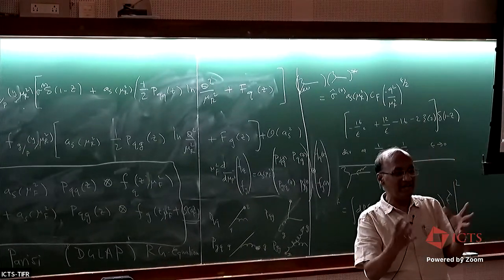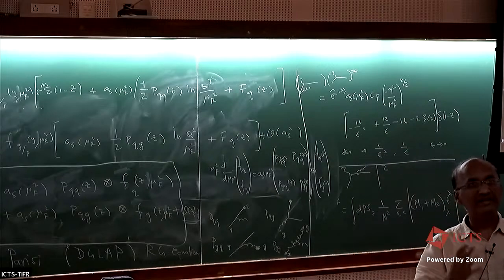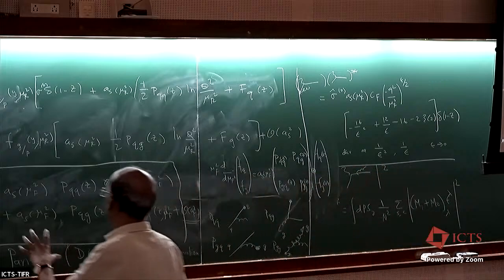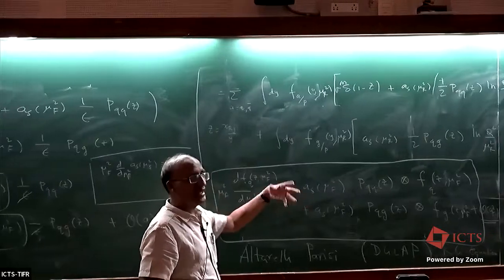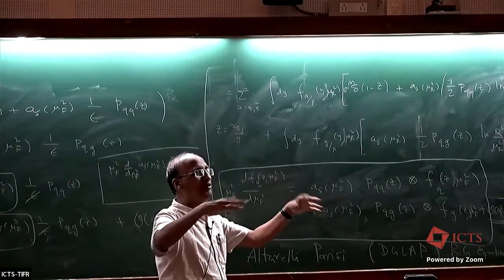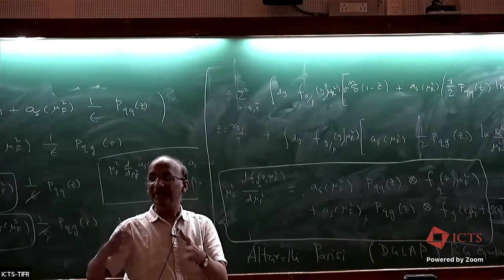It's like, I cannot make a person, but I can actually tell how he will behave. So I can use this formula, and by solving it, I can tell you how the PDF evolves with respect to scale, how it would look at various scales.